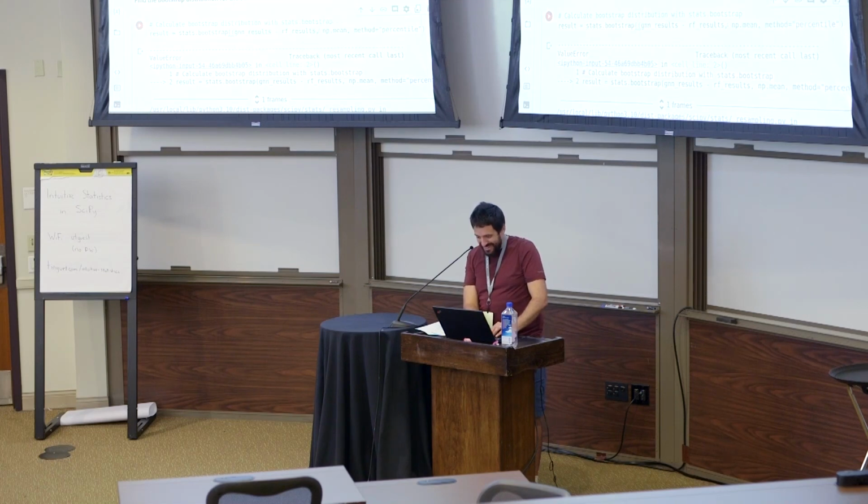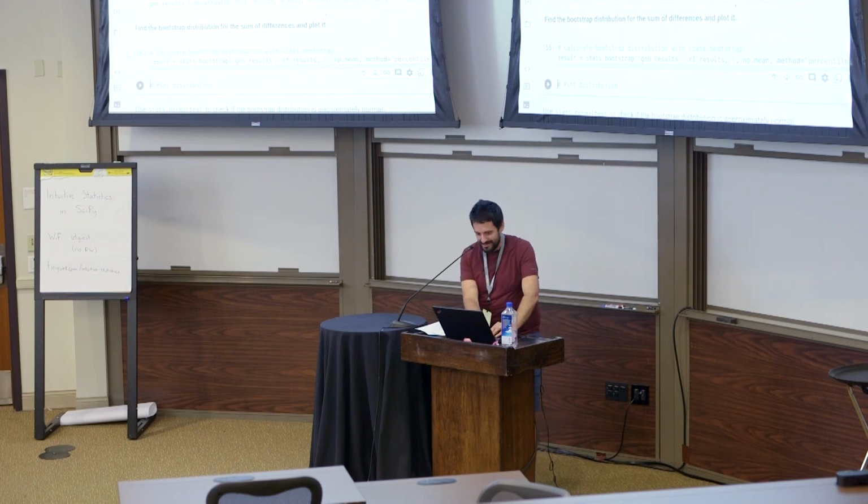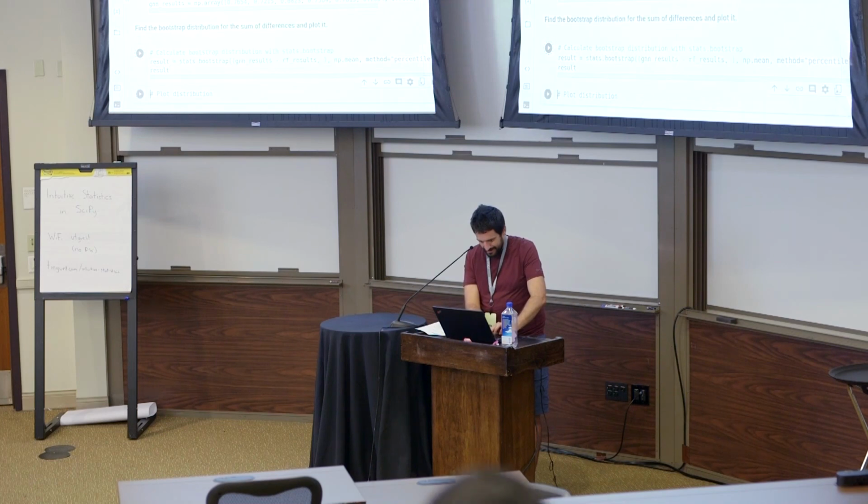I forgot a comma. Another comma. I struggle so much editing these things in Jupyter. All right, so I want to see the result here. As we see, the confidence interval contains 0.